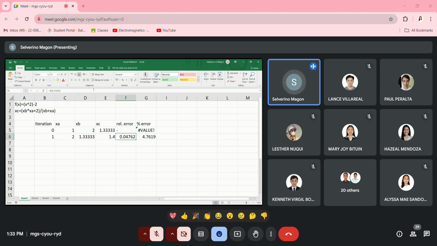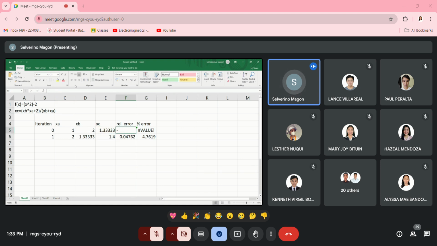So for the relative error, we can use this one. We can compare x3 and x2, or x2 and x1.